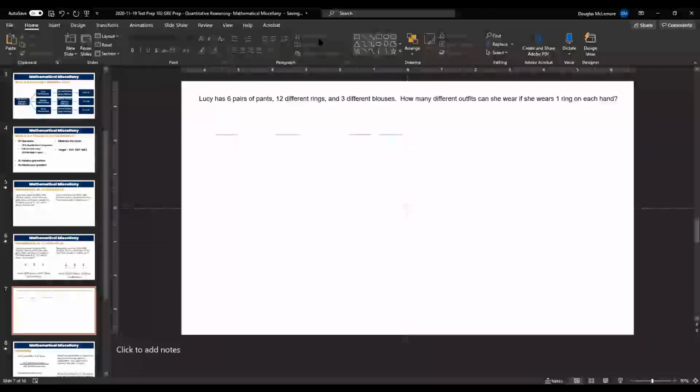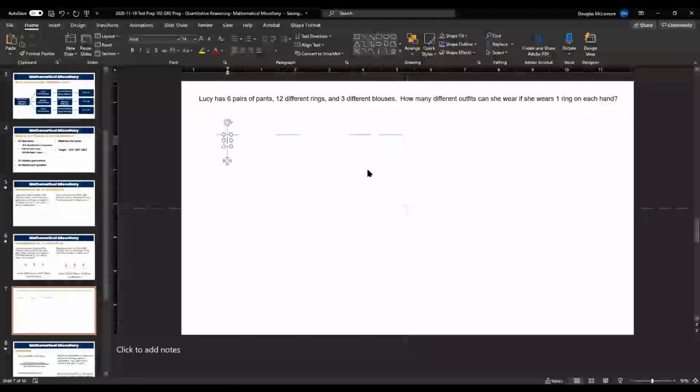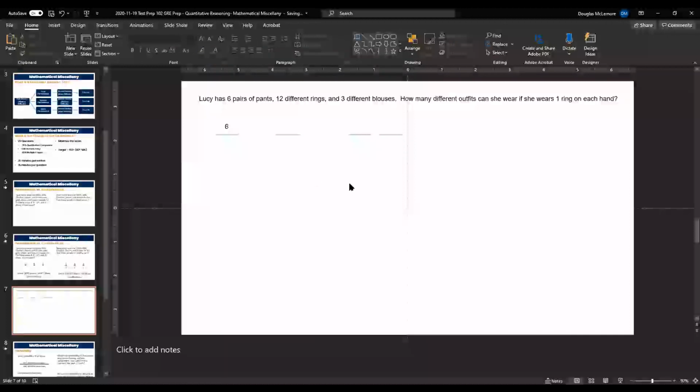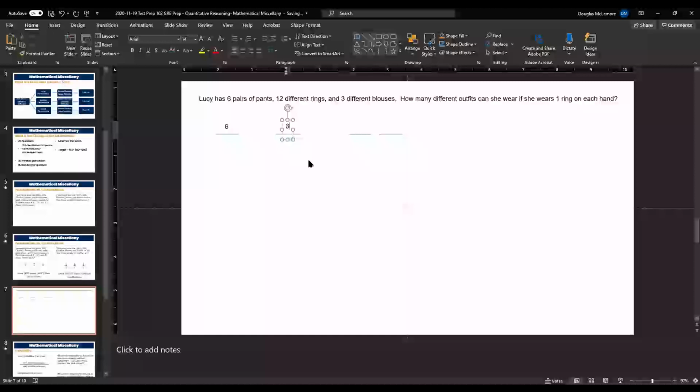So for pants, how many possible pairs of pants could she wear? 6. All right. How many different blouses could she wear? 3.